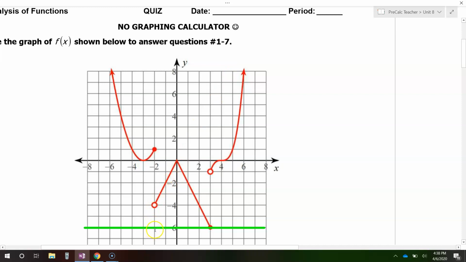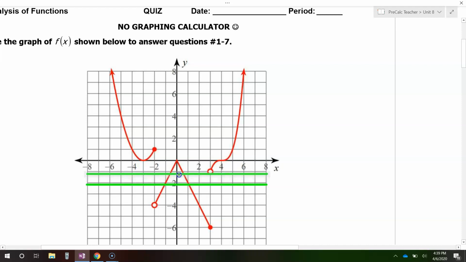The only question is, are there any gaps? So as I move this green line up, is there any time that I'm not touching the function? Because that would represent a y value that was not included in the range. So far, I'm still touching. It doesn't matter that I'm hitting the graph twice.